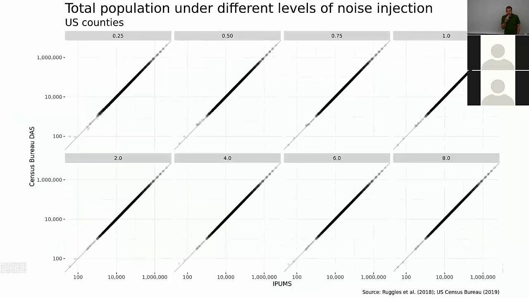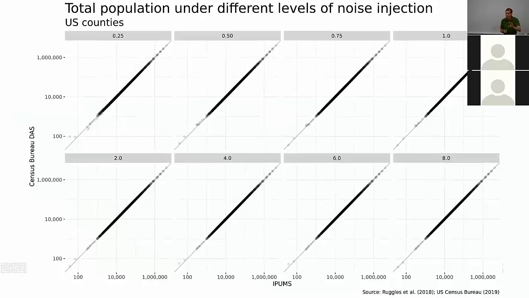Plotting this now, you're going to see a lot of these plots, so I want to orient everybody to what these look like. On the x-axis, we have the total population count as derived from IPUMS, so that's our true value. On the y-axis, we have the total population count as computed from the differentially private data that Census has produced.